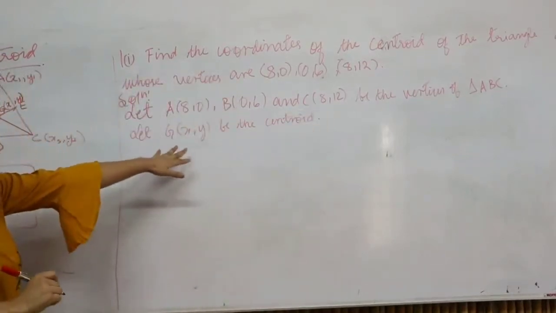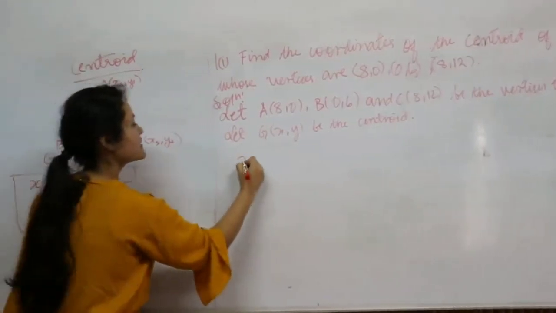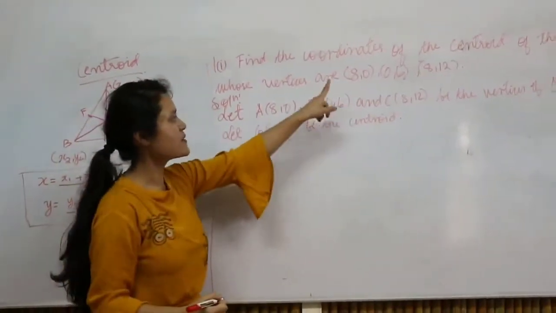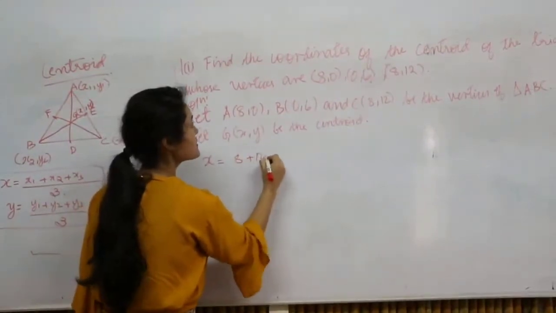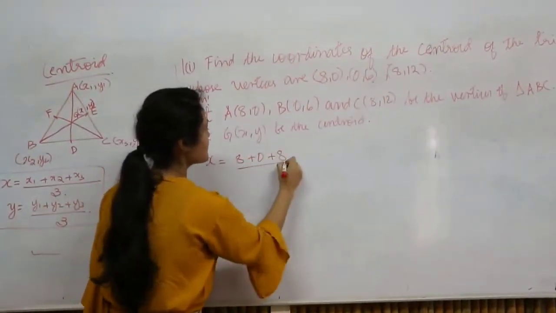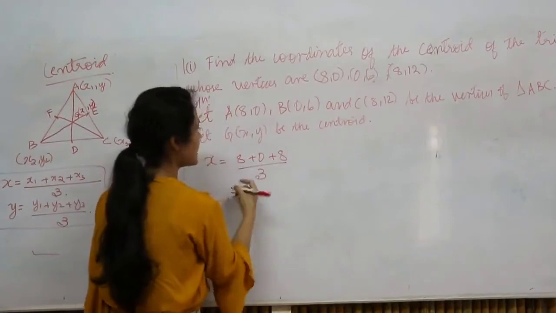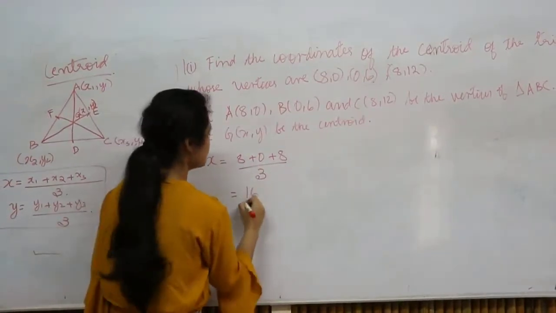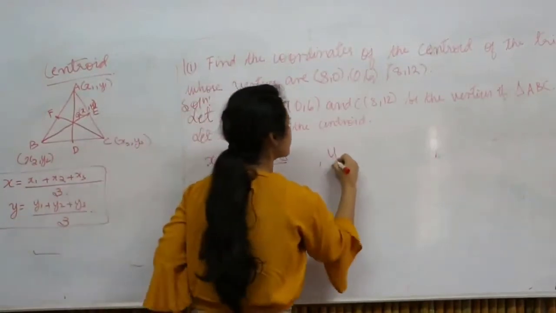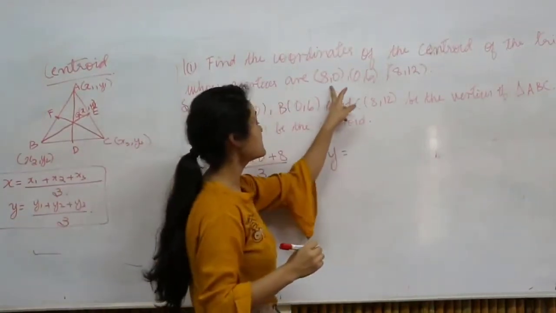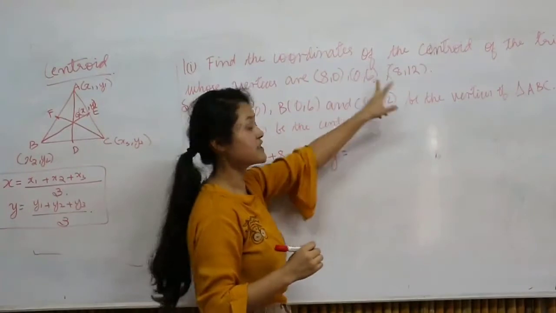So how to find the coordinates of G? Use this formula. X is given by x1 plus x2 plus x3. That means 8 plus 0 plus 8 divided by 3. 8 plus 8 you will get 16 by 3. Okay, what about the y coordinate? Y coordinate also you just add the y coordinates of these vertices.